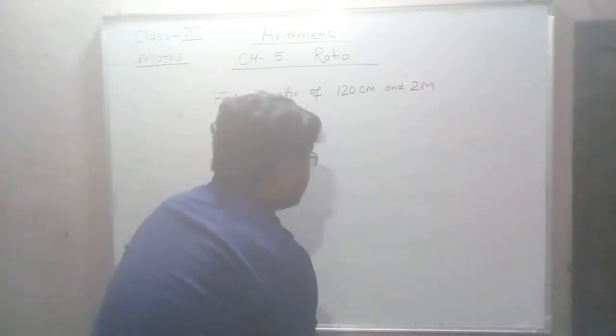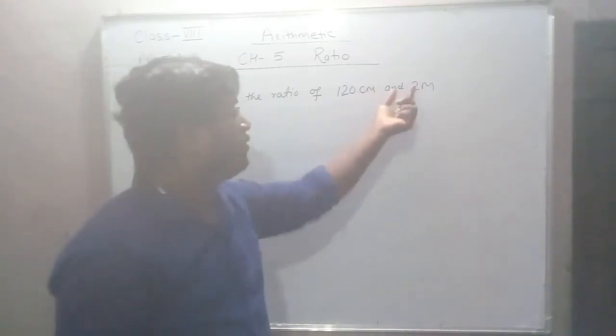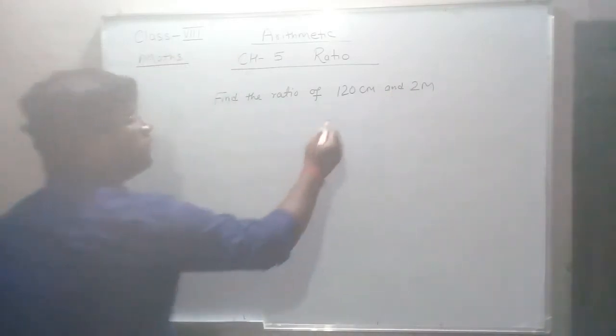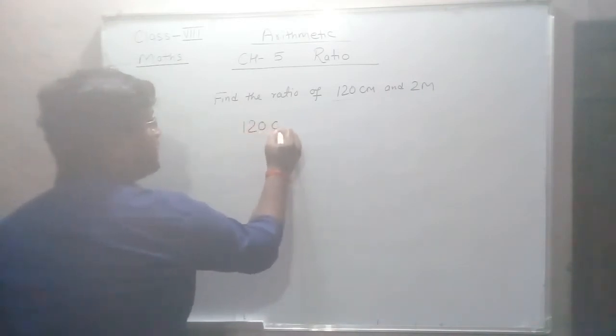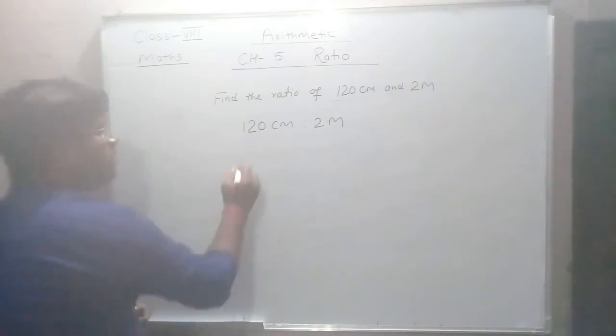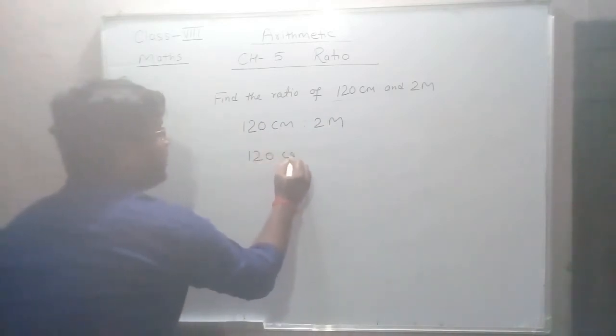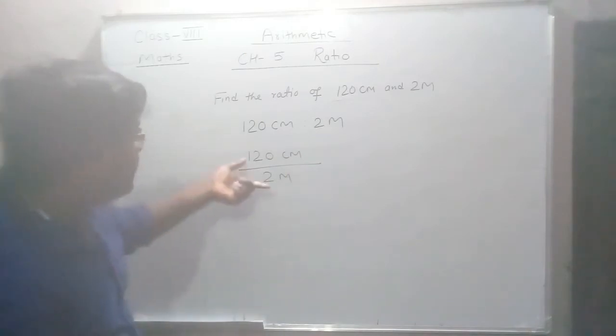Whoever comes first, make that the numerator. So 120 centimeter upon 2 meter, we are writing in the divide form.